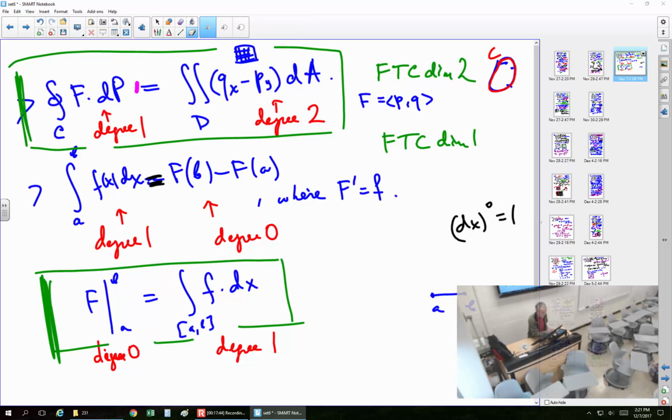Do you see what matches that in this formula? D here, C there, C bounds D. What do we have here? The analog: the endpoints. These A and B are the endpoints of the interval AB. In that sense, they bound it. Let me try to use the same color.